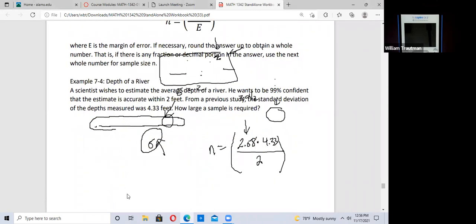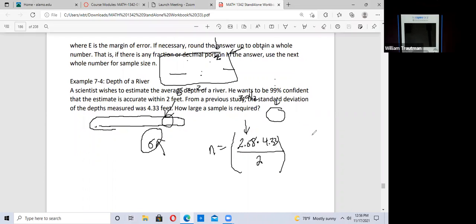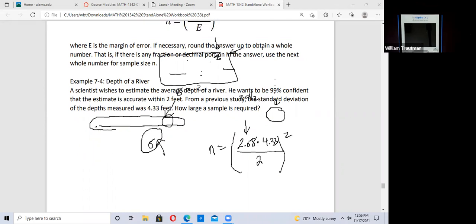So we're going to put a power of 2 into this. I'm going to put this in my calculator. 2.58 times 4.33 divided by 2. I hit enter, and then I raise it to the second power.